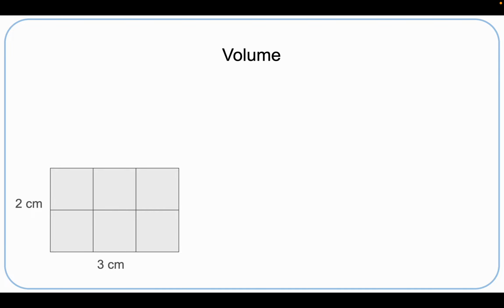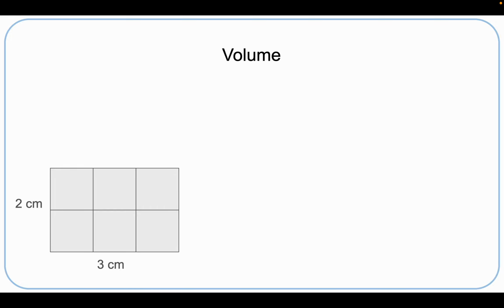So to think about this visually, imagine this is the base of a figure. It's 2 centimeters by 3 centimeters. So that's the bottom of a rectangular solid.